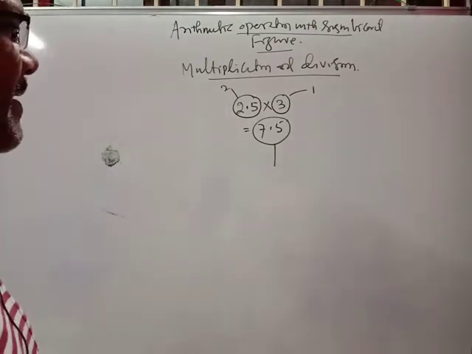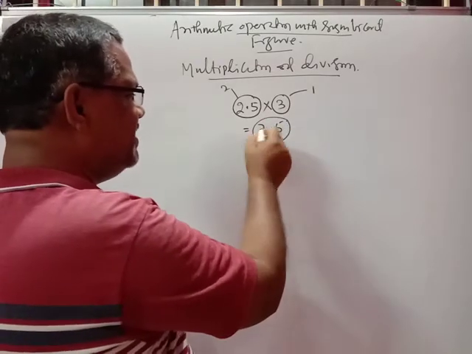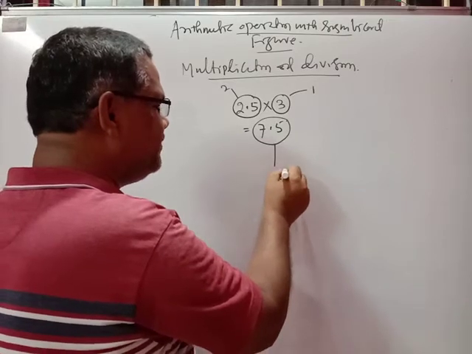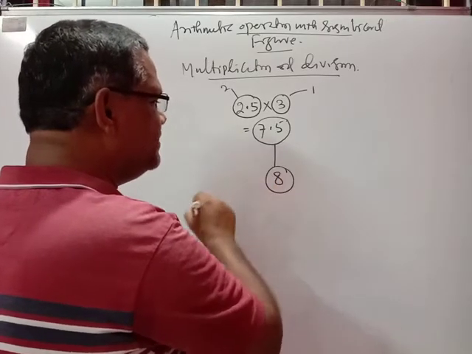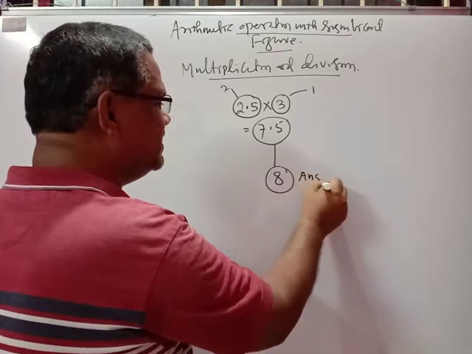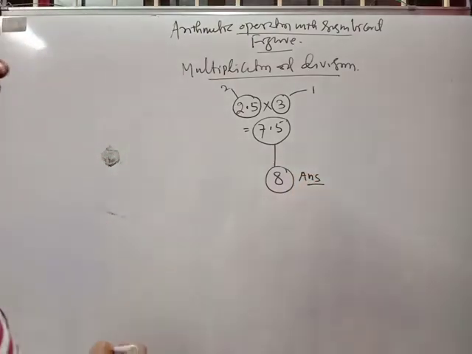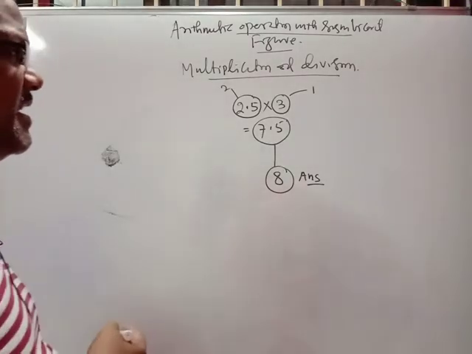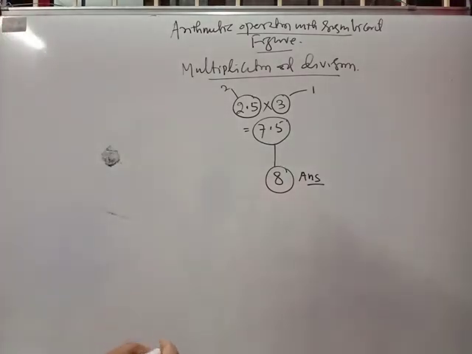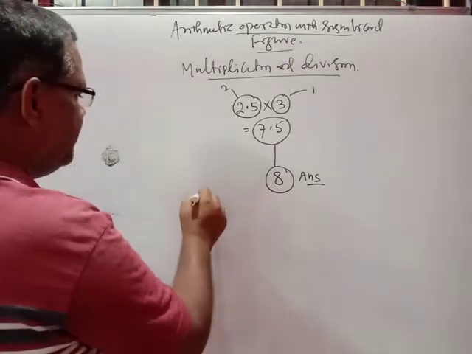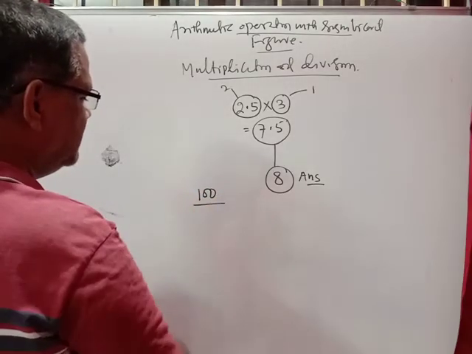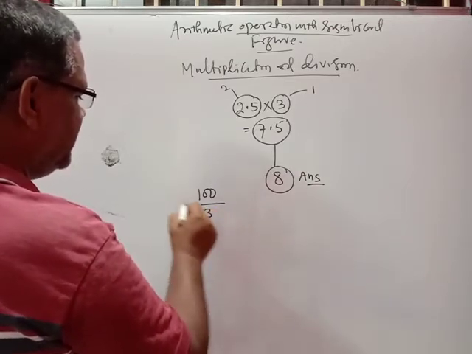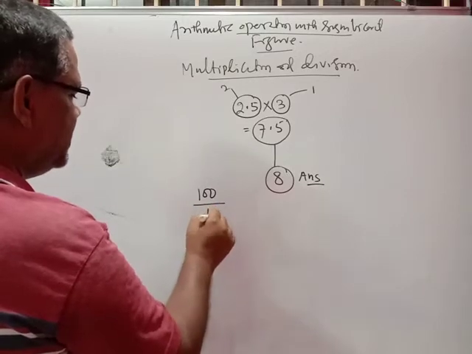So 7.5 will be rounded off. Because the 7 before it is odd, it will be rounded up to 8. This is the result. Now consider 100 divided by 4.